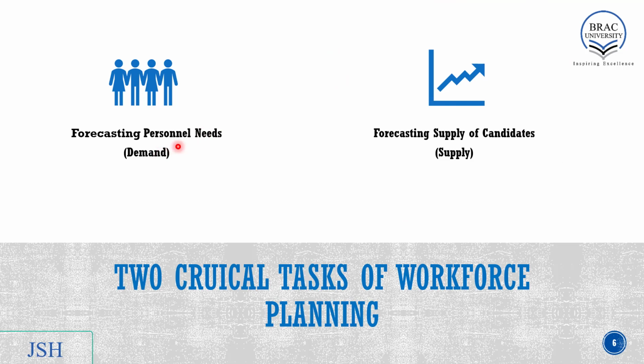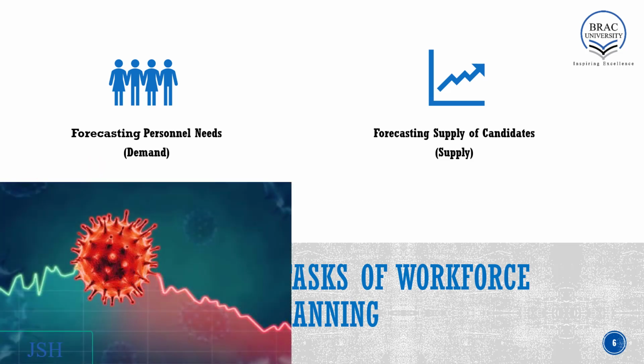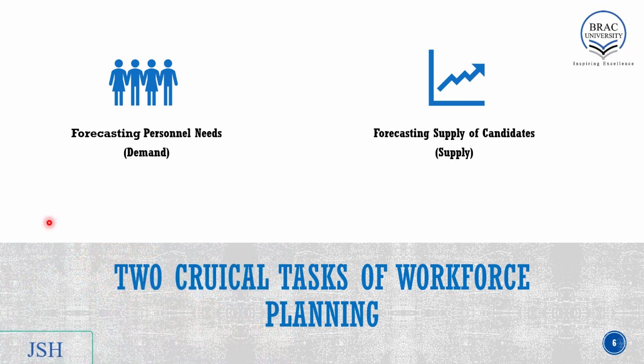In general, right at this moment, the demand for candidates in many organizations is quite low. Why? Because business is not doing well because of coronavirus. So demand for candidates is generally low now. But what about supply? There is a huge supply of candidates or job applicants in the market.